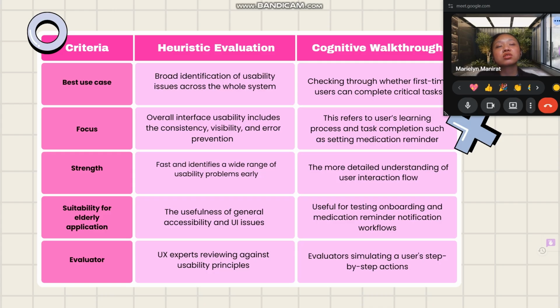The evaluator for heuristic evaluation is the UX expert reviewing against usability principles, while for the cognitive walkthrough, the evaluator simulates a user's step-by-step action, like giving a beginner's training or manual guidelines for processes or tasks, so that the user can have actual testing of the usability of these processes or the flow of the whole system.